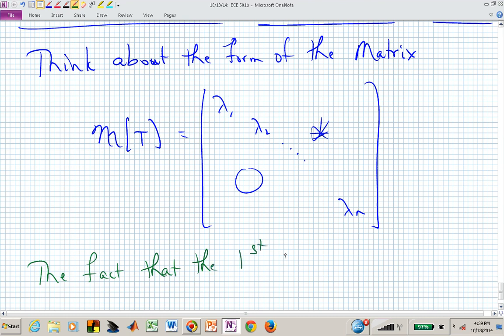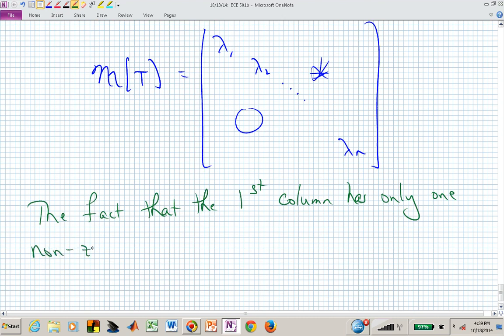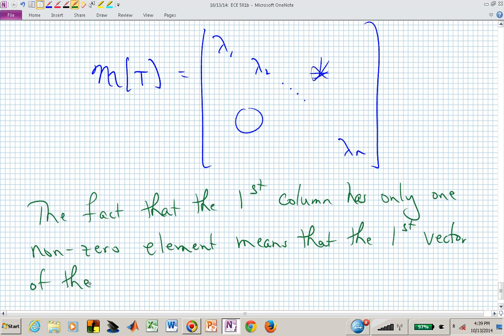The fact that the first column has only one non-zero element means that the first vector of the basis is in fact a special vector, which is an eigenvector.